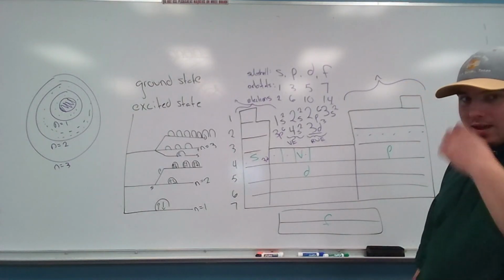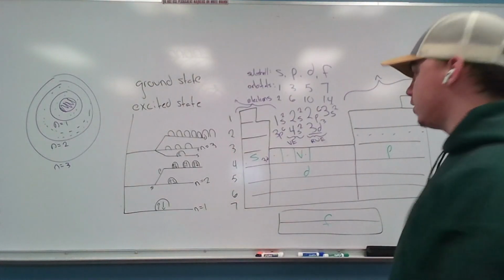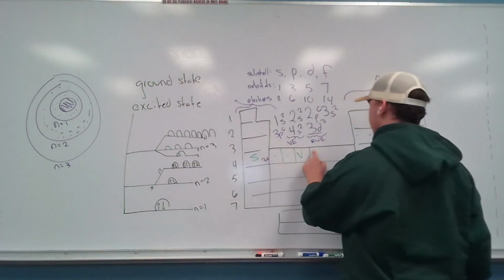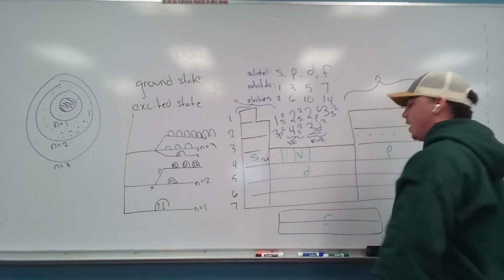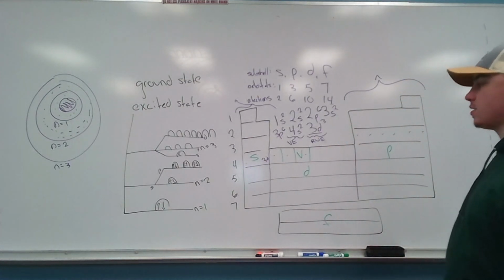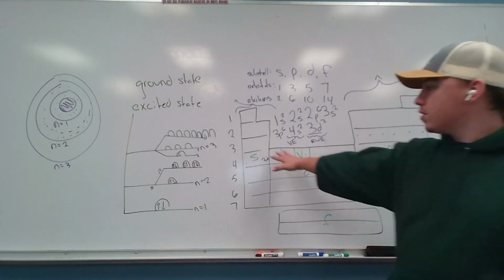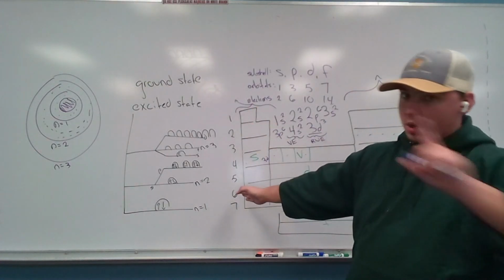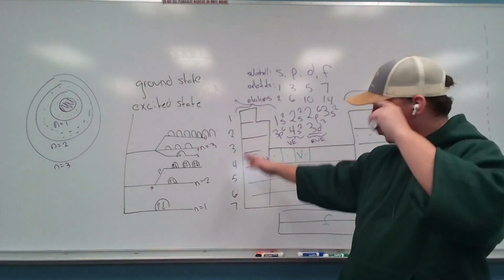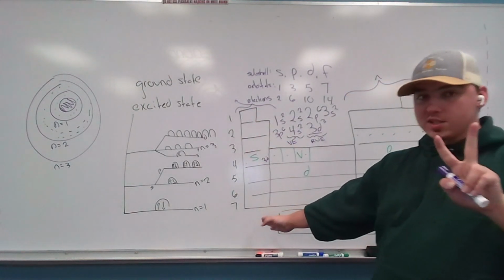And that tells you how many valence electrons a thing has. So if we're in the first column, group 1, it's 1 valence electron. Group 2, 2 valence electrons.